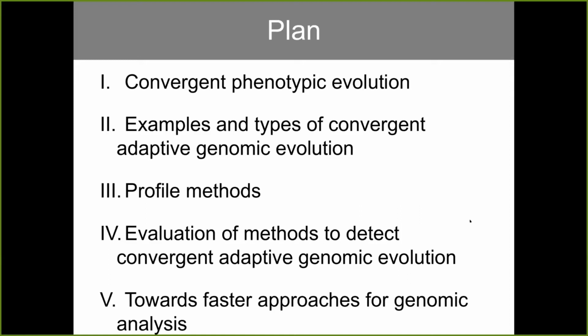I will present some results that we obtained on evaluating those methods. And in the end, I will conclude with some perspectives on trying to get faster methods for detecting these examples of convergent genomic evolution at the genome scale.